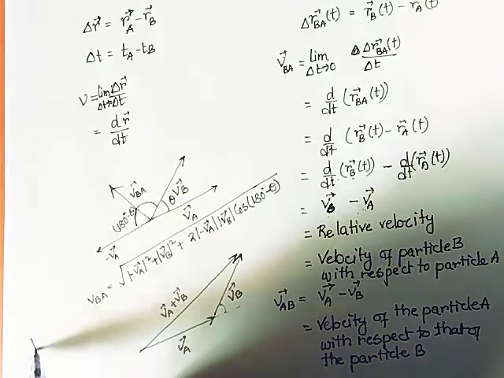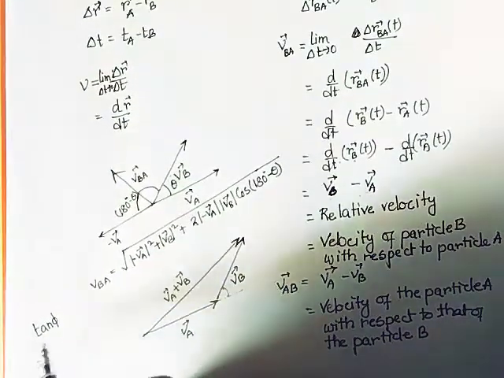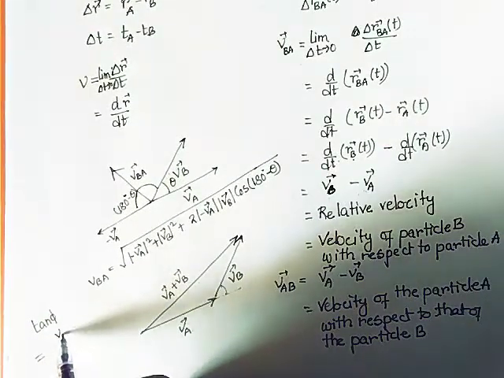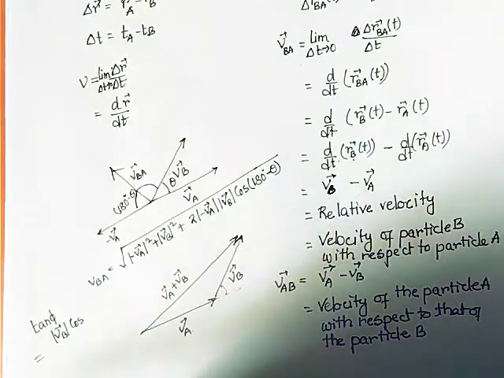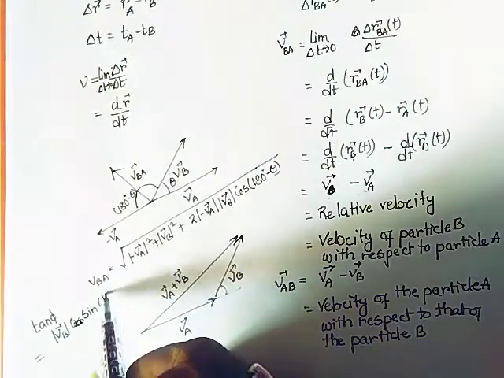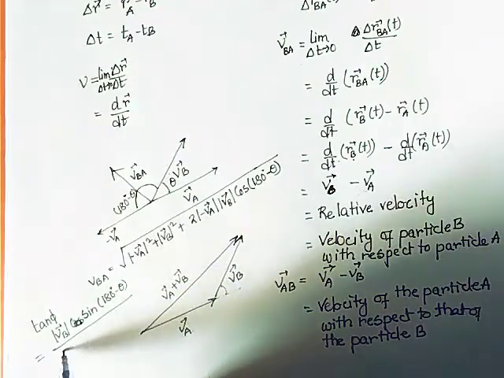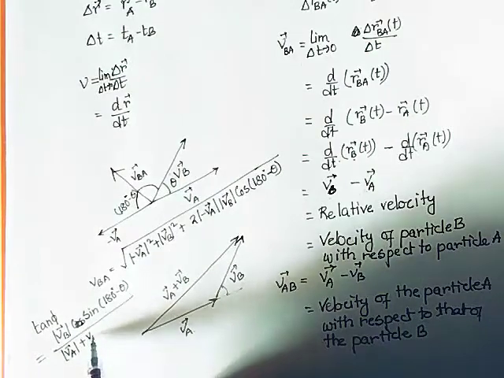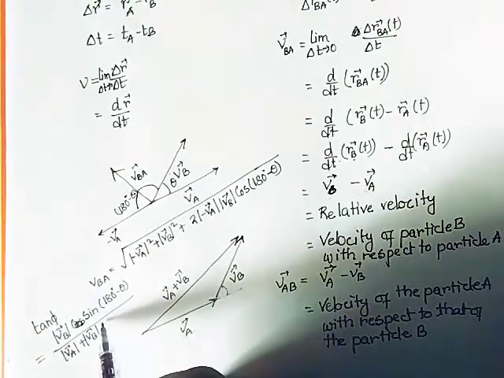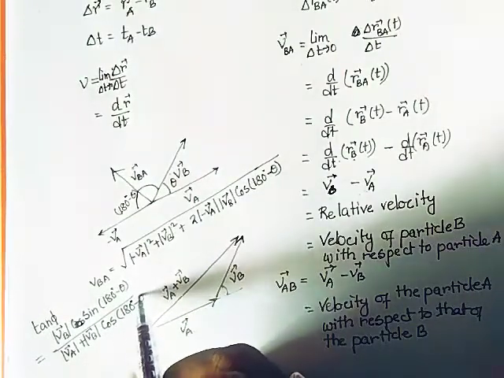So the angle tan phi we should use like this, that is VB magnitude sin theta, and the angle is here 180 degree minus theta, divided by VA magnitude plus VB cos of 180 degree minus theta.